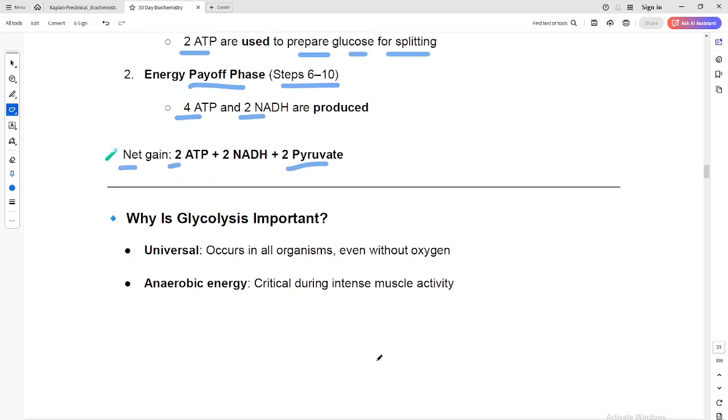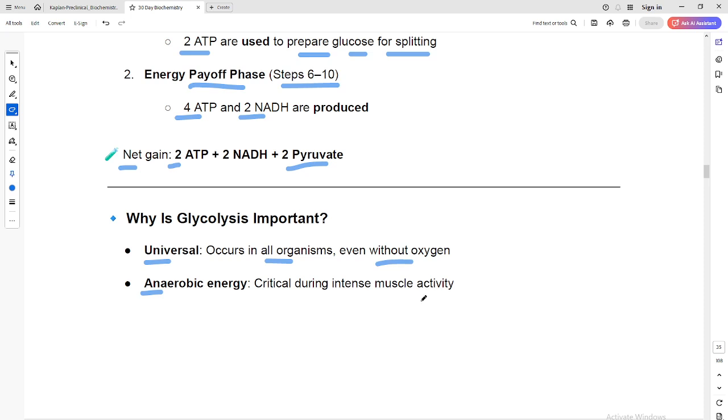Why is glycolysis important? Number 1, it is universal. It occurs in all organisms, okay, even without oxygen. So it can work aerobically and anaerobically. Anaerobic energy is critical during intense muscle activity.